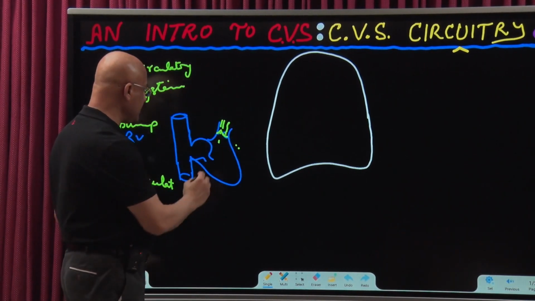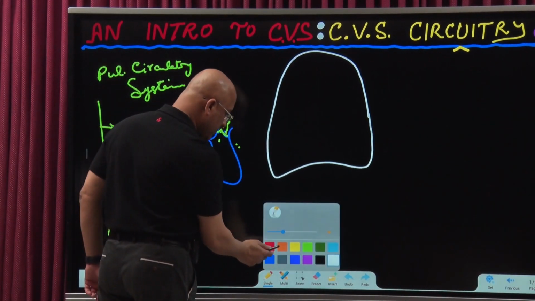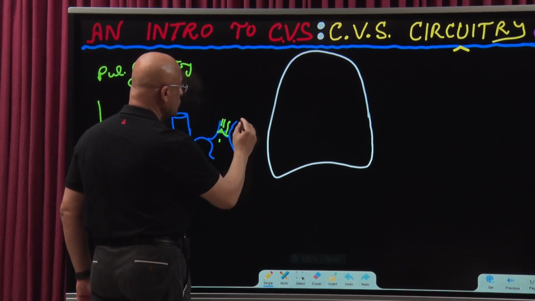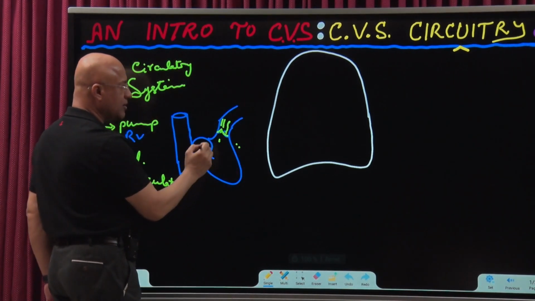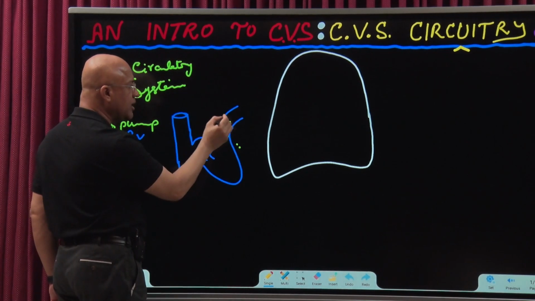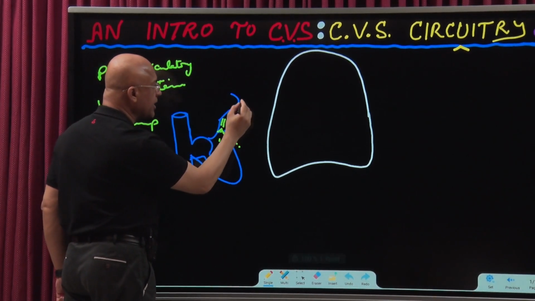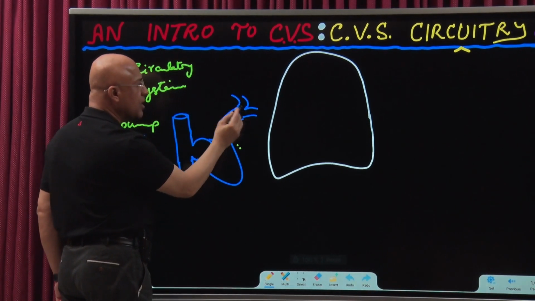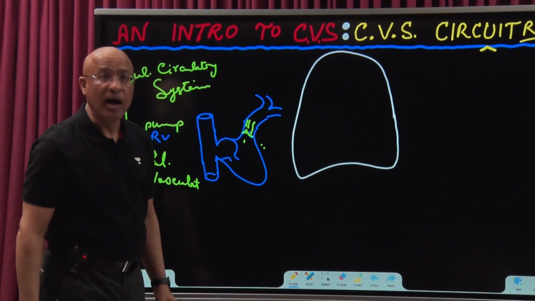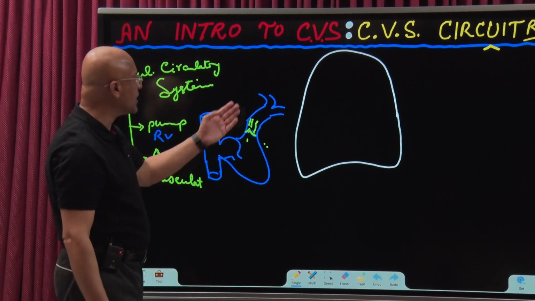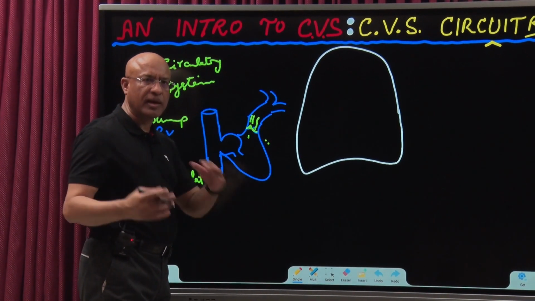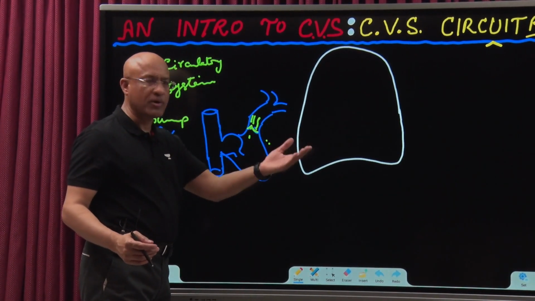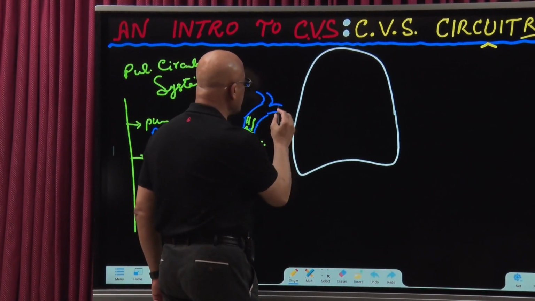Now, what happens? The blood goes from the pulmonary valve through the pulmonary trunk. The pulmonary trunk divides into right and left major pulmonary arteries. Of course, the right pulmonary artery is going to the right lung and the left pulmonary artery is going to the left lung.